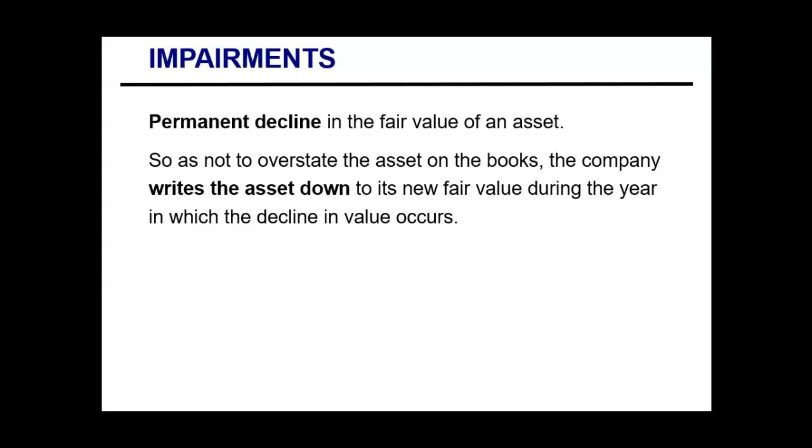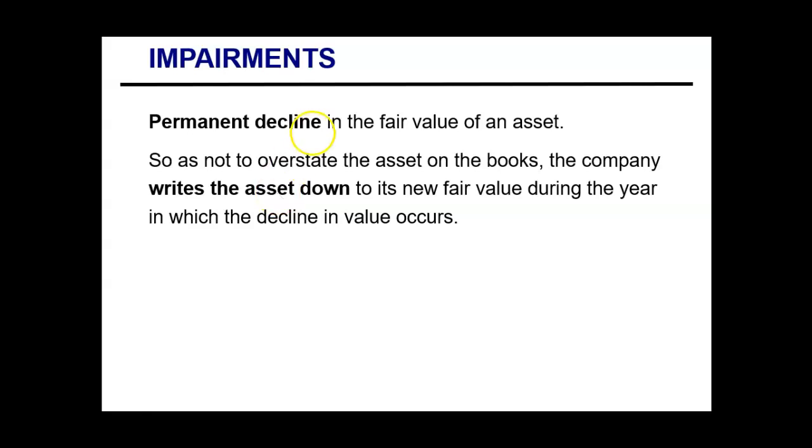Sometimes the fair value of an asset is going to decline. It goes down. So if by chance the book value of an asset, remember book value is original cost less current depreciation, is greater than the fair value of the asset, it has to be written down.